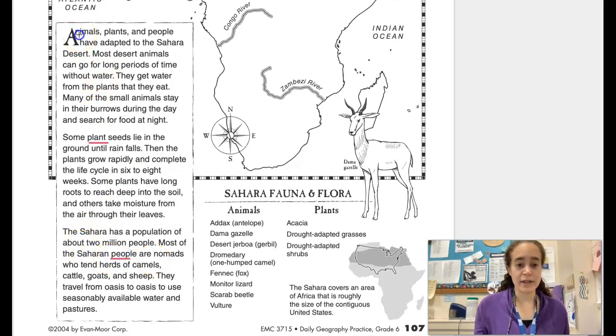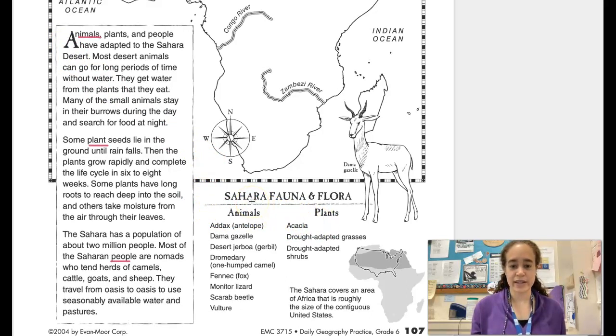So when you have questions about how did the animals adapt, how did the plants adapt, and how did the people adapt, which I believe are some of the Thursday and Friday questions, come back and read these paragraphs for that piece of information.